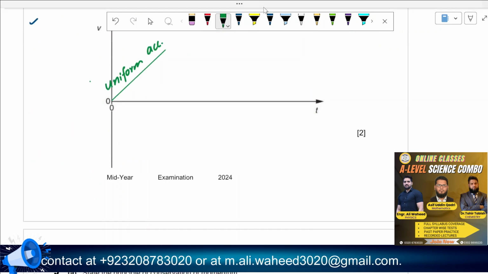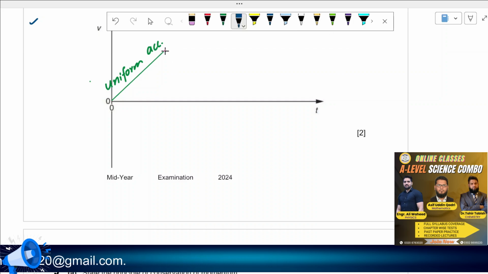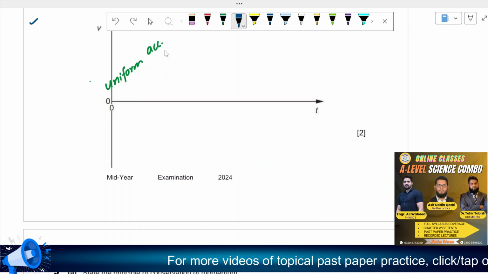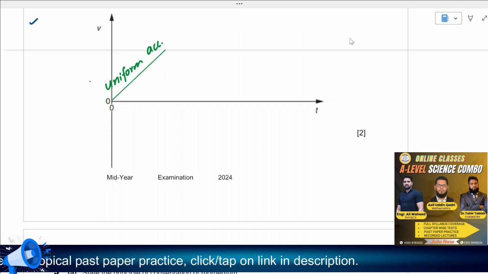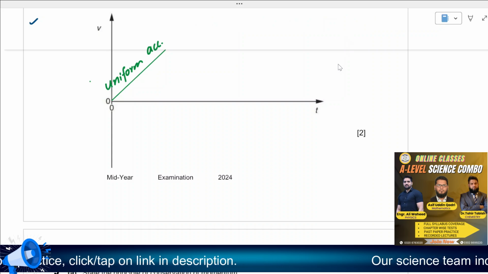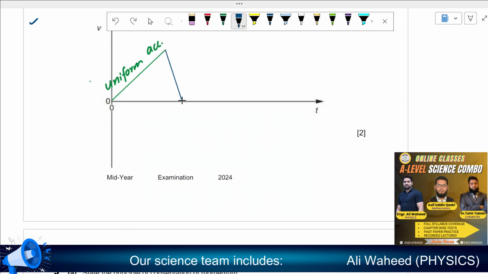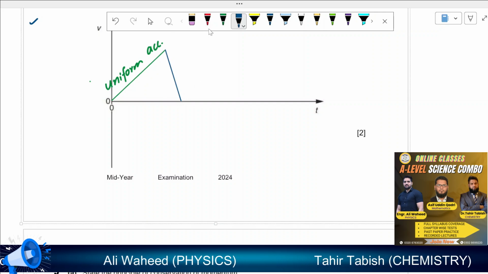So the object would start to decelerate with uniform deceleration, but at the same time that deceleration, magnitude wise, would be greater than the initial acceleration.